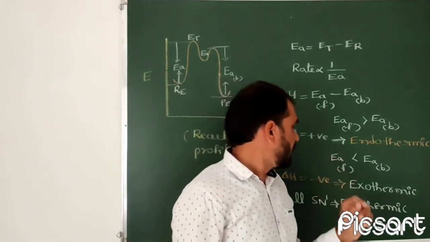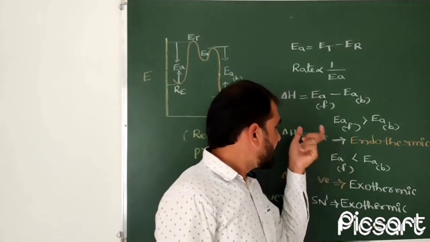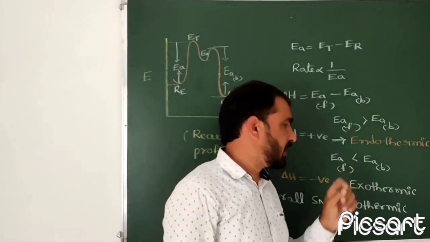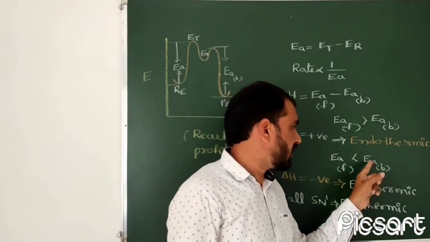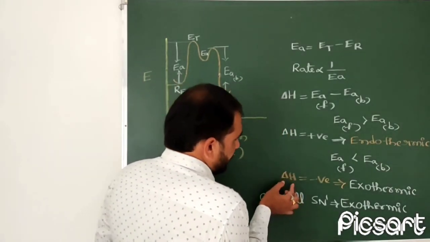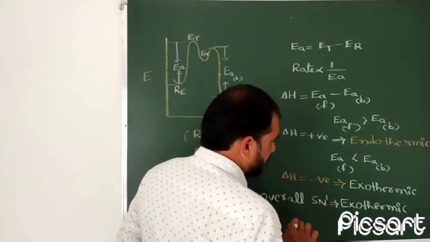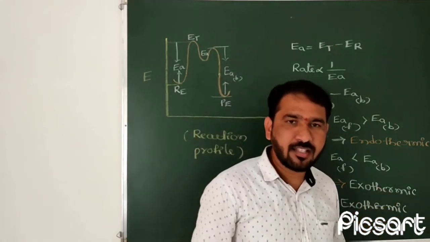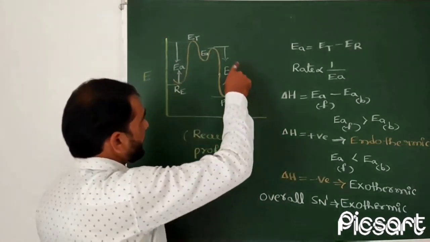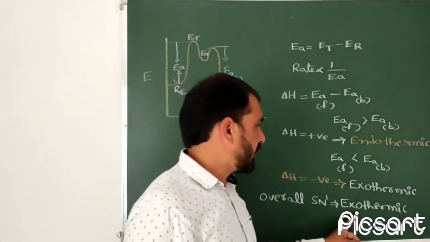Then coming to second step. Here in the second step, activation energy of forward step is lesser than activation energy of backward step. That causes resultant enthalpy of reaction to be negative, so that is considered as exothermic. But overall SN1 reaction is exothermic in nature.